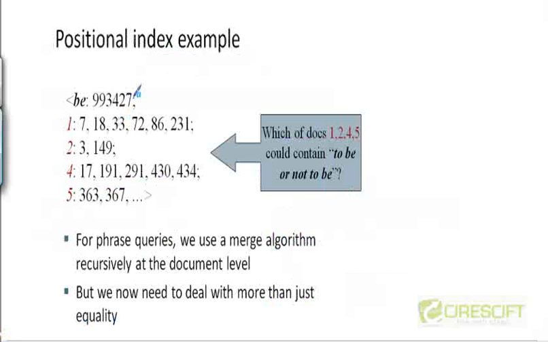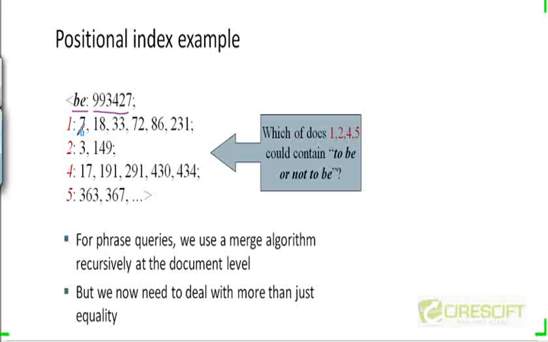So suppose we take a particular entry in the index. Let's say we take a word like B, and its document frequency is pretty high. Probably this index was built on a corpus of size something like 1 million, so almost 993,000 of them have this word B. Now, this word appears in document number 1, it appears in document number 2, it appears in document number 4, and it appears in document number 5.